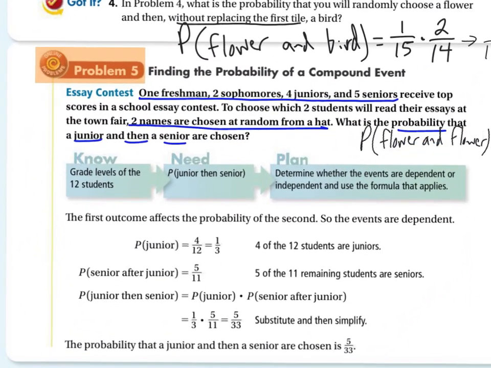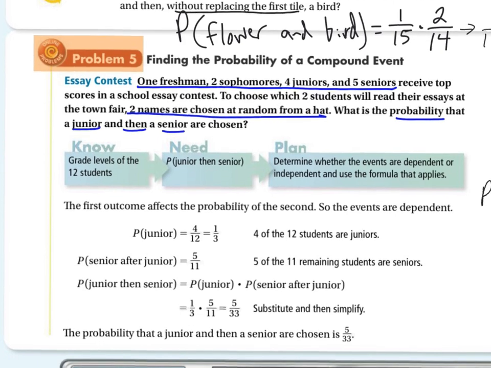So if we look at problem 5, 1 freshman, 2 sophomores, 4 juniors, and 5 seniors received top scores in a school essay contest. To choose which 2 students will read their essays at the town fair, 2 names are chosen at random from a hat. What's the probability a junior then a senior are chosen?